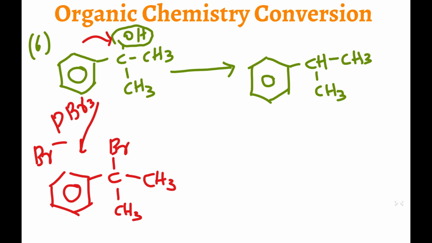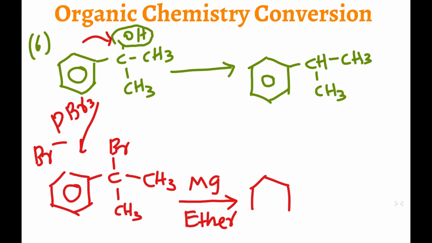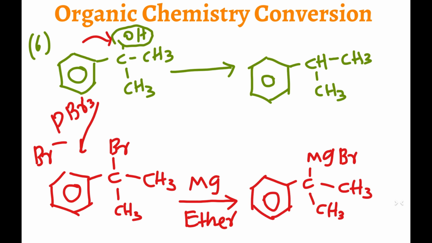And after making this alkyl halide, we have to use magnesium and ether to make the Grignard reagent. As we have done in previous organic conversions, we can have this Grignard reagent. Then our last step, we have to use some hydration reactions.